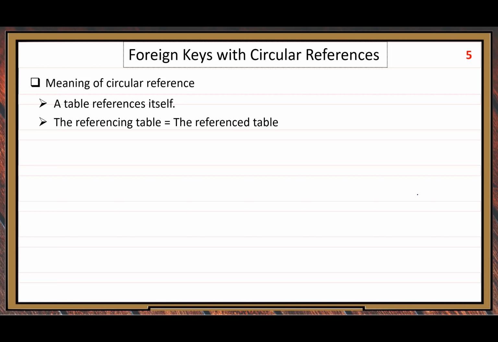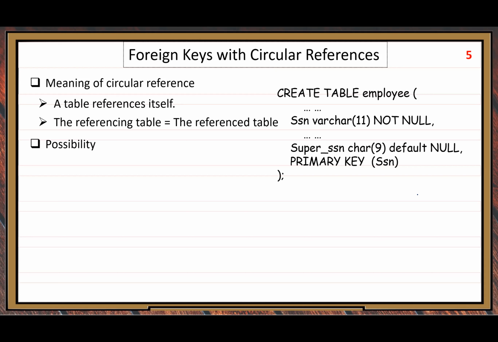Then you may have some potential problems. But first, I'd like to show you that self-reference, circular reference example, to let you know it exists. It is possible. Let us look at this simple example. Still the table employee, in the company database.